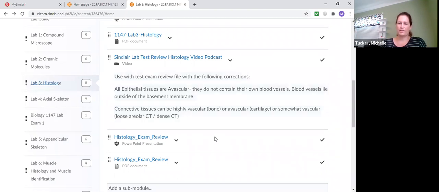All blood vessels are outside the basement membrane, and connective tissues can be highly vascular, avascular, or somewhere in between. Other than that, great. Like I said, this concept has been modified a bit here and there, and this podcast was made before we solidified our definitions of what we meant.